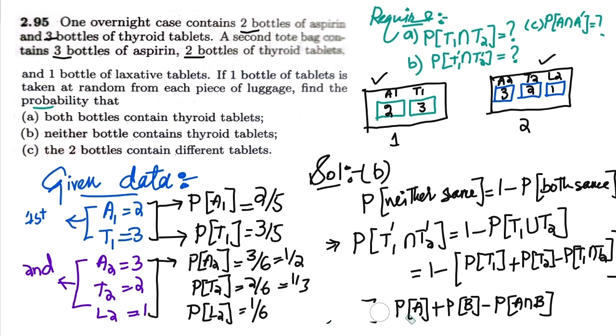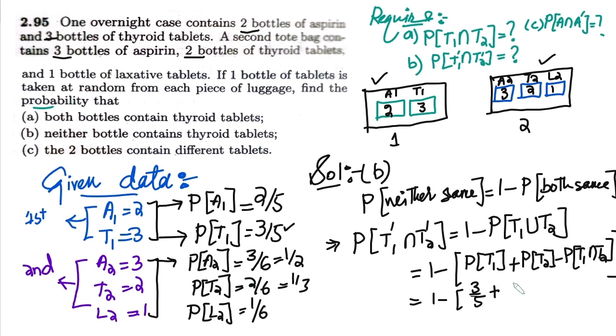So let me now remove this equation from here so that I can write all the values associated with them. So now it would be 1 minus, the probability of T1 is given, and that is here 3 by 5, okay, so 3 by 5 plus the probability of T2, which is 1 by 3. Okay, and the probability of T1 and T2 we found in the previous part of this question, and it was 1 by 5.